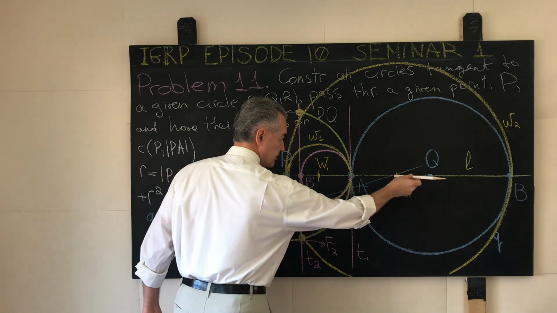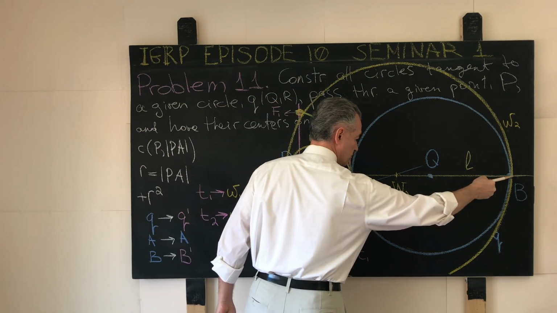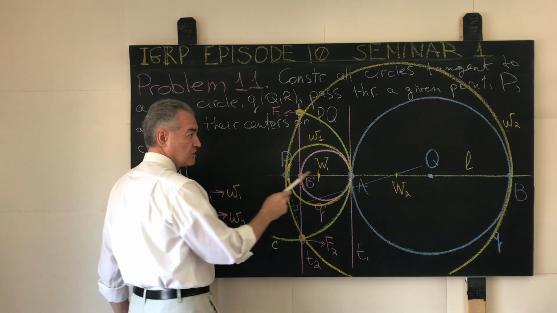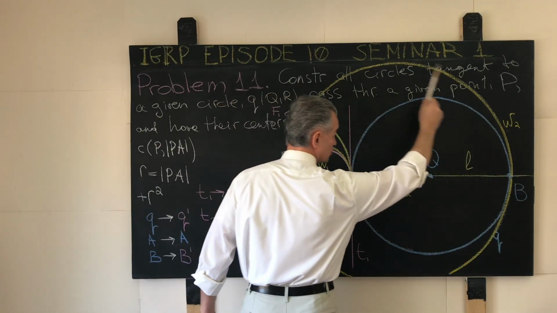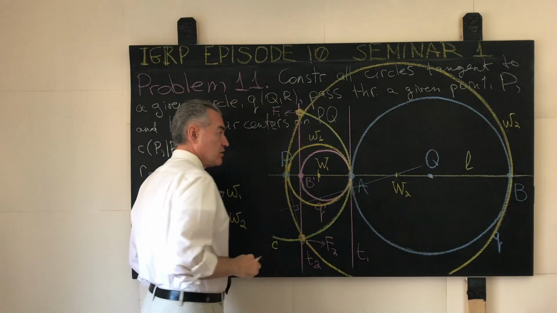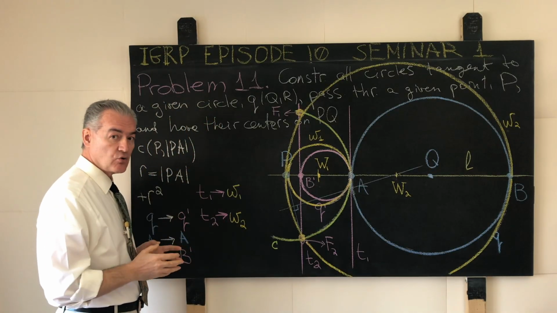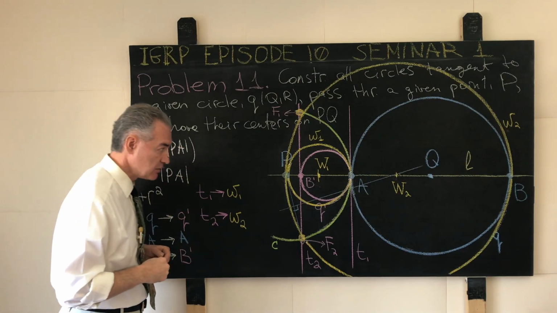We put the compass in the point W2, open it up to the distance to the point B, or the center of inversion. Remember the center of inversion. And we snap the second circle, the second solution circle. And why are these circles the solution circles? Well, because they satisfy or honor all the demands that were posted in the statement of this problem.